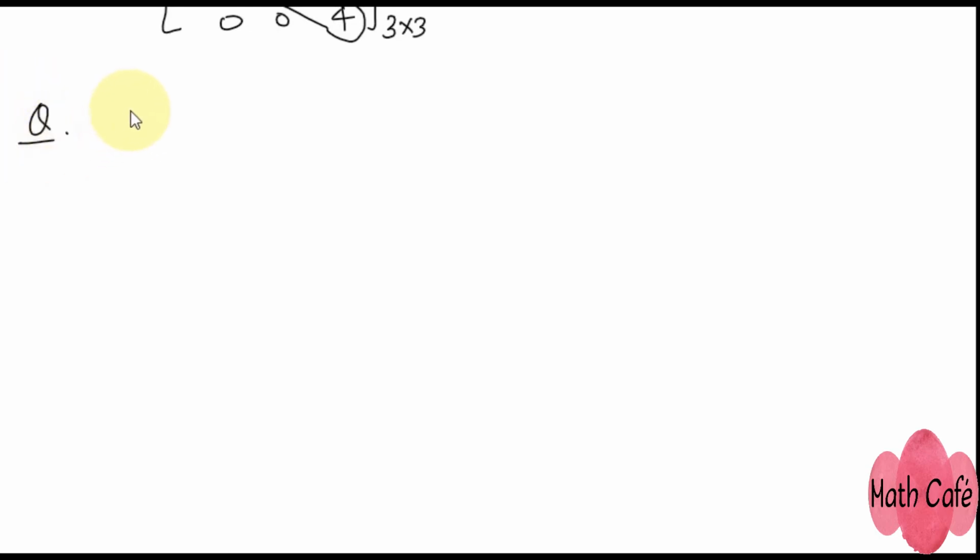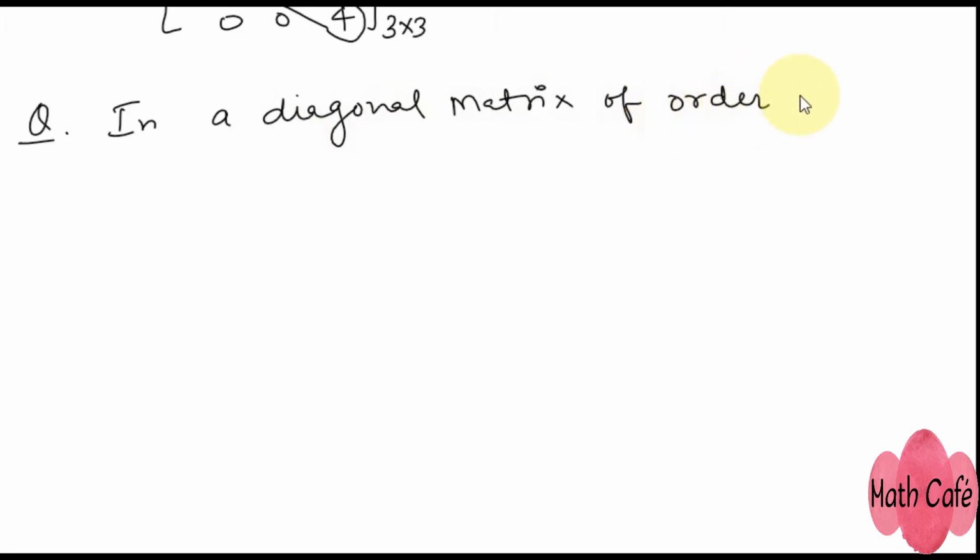So it is written that in a diagonal matrix of order n, all right, we need to find first thing maximum number of zeros.